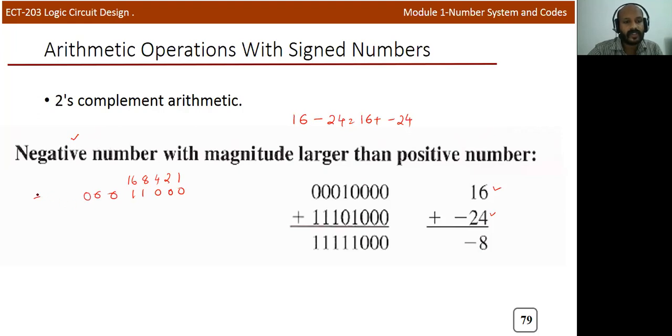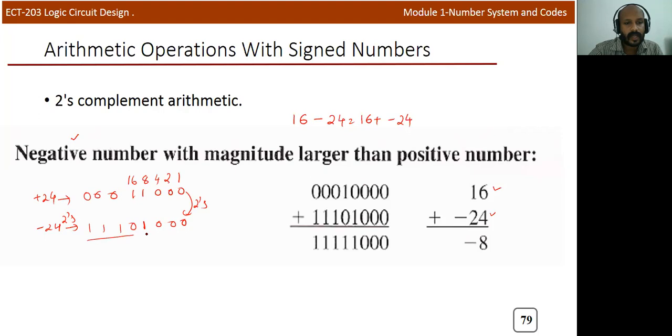So this is plus 24. Now we need minus 24. So minus 24 in 2's complement form means we need to take the 2's complement of this plus 24. So for that we need to start from the extreme right, and we will write like up to the first one. After that we will complement.